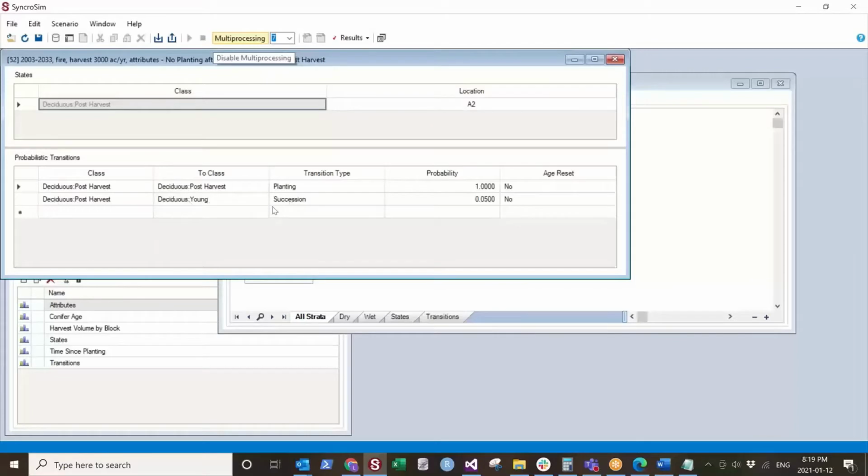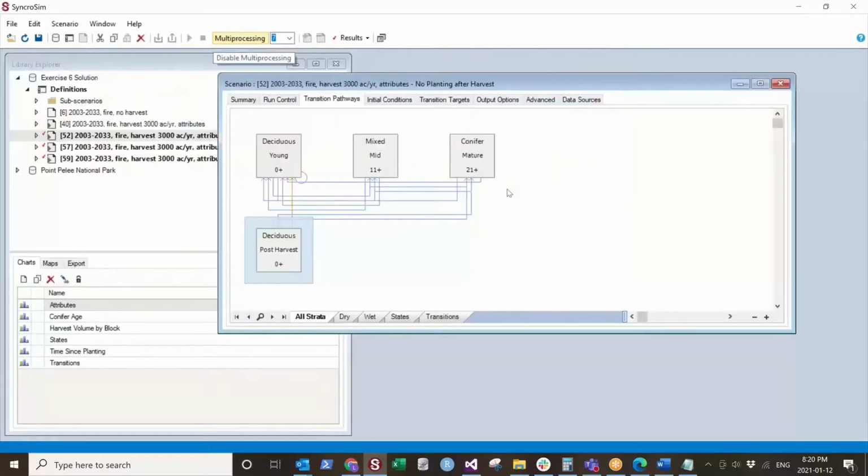I wanted the succession to be contingent on planting. So this is the idea of contingency on time since planting to determine whether succession can happen from post-harvest deciduous to young deciduous.